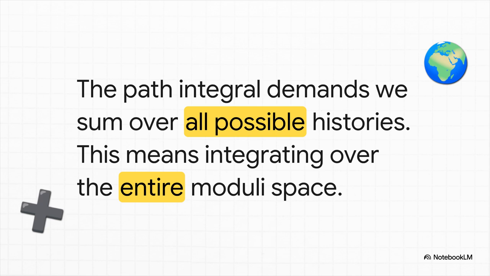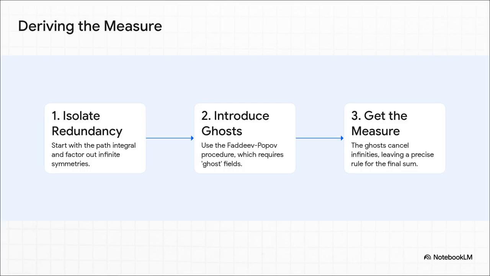We have to integrate our calculation over the entire moduli space, over that fundamental domain we worked so hard to identify. Now, the actual math for doing this is intense, but the logic is what's really cool. Physicists use this incredibly clever technique called the Faddeev-Popov procedure. It's like this. Imagine you did a calculation, but you accidentally counted everything 1,000,000 times over.